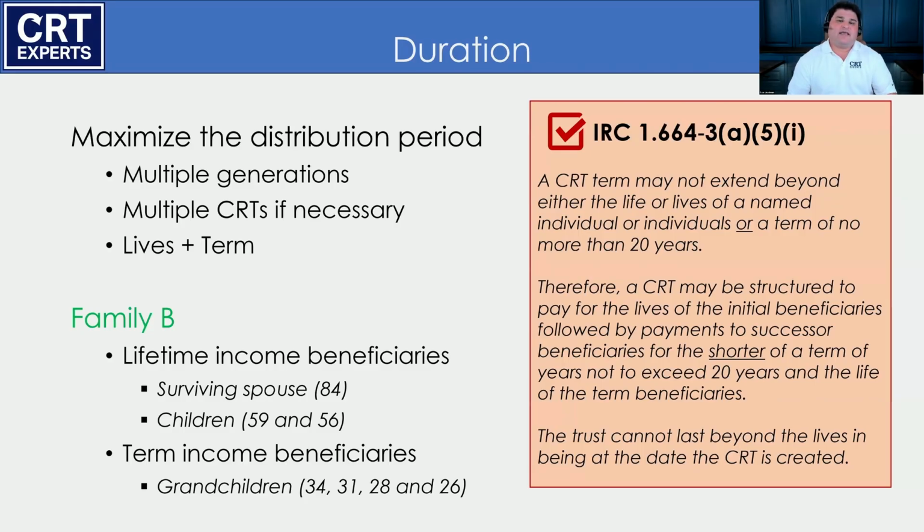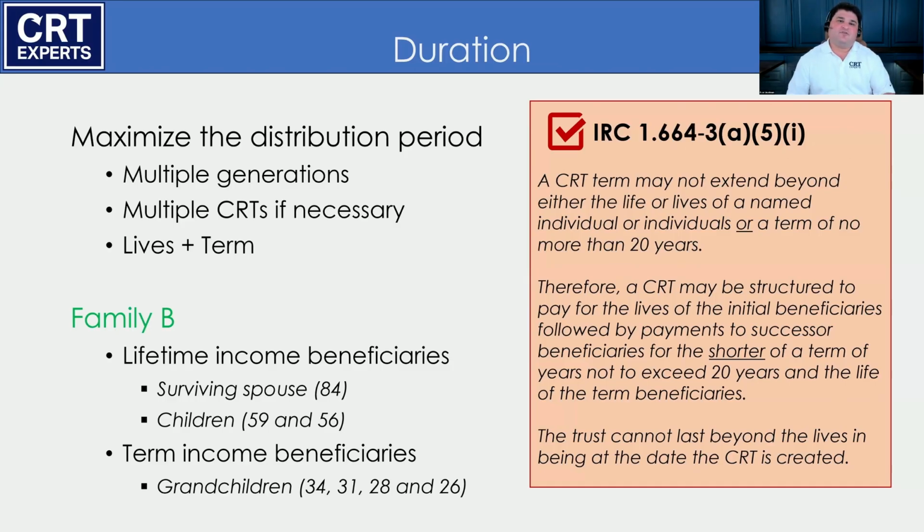The IRS will value both interests in the trust based on the IRS's own interest rate, what's called the Section 7520 rate, their own life expectancy tables, and the CRT payout rate. The IRS is going to assign a value to what it thinks will pay to the income beneficiaries, and then what will eventually go to charity on a present value basis. What is projected to go to charity has to be 10% of the initial value of that CRT.